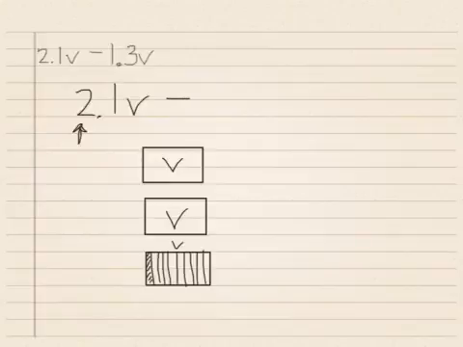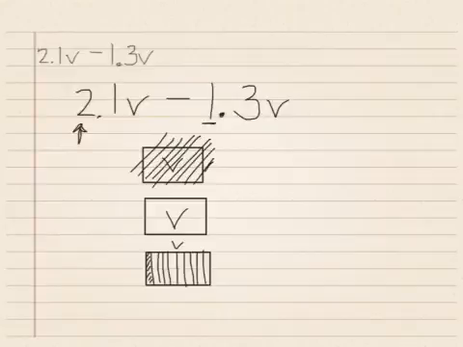Now we can look at what the problem is asking us to do. First, we have to take away one whole group of v. So let's take away a whole group of v by eliminating it, crossing it out. Right now we're still left with one whole group of v and 1/10 of v.